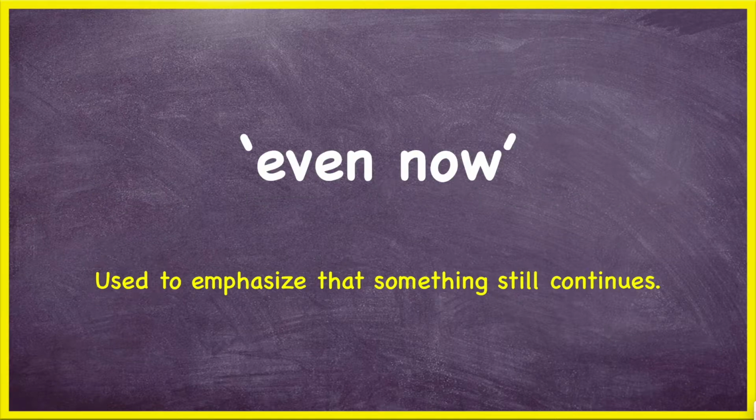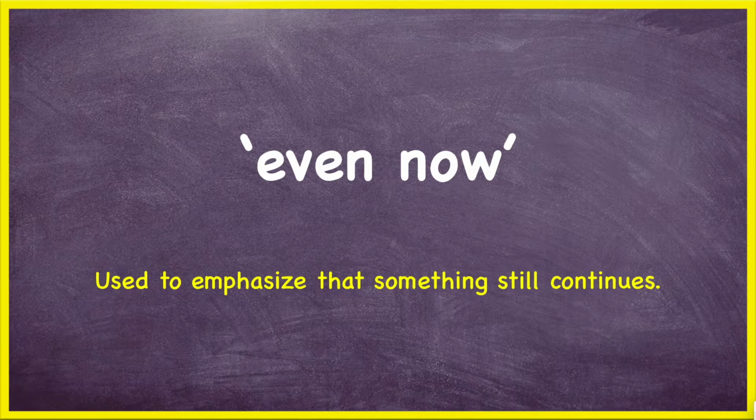All right, now let's look at some phrases with the word even in it. There are 6 of these, and the first one is even now. If you hear someone saying even now, that is used to emphasize something that still continues.